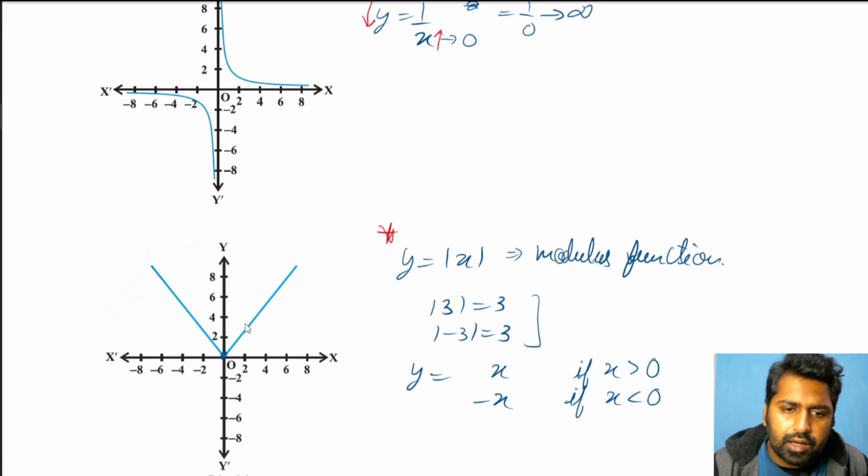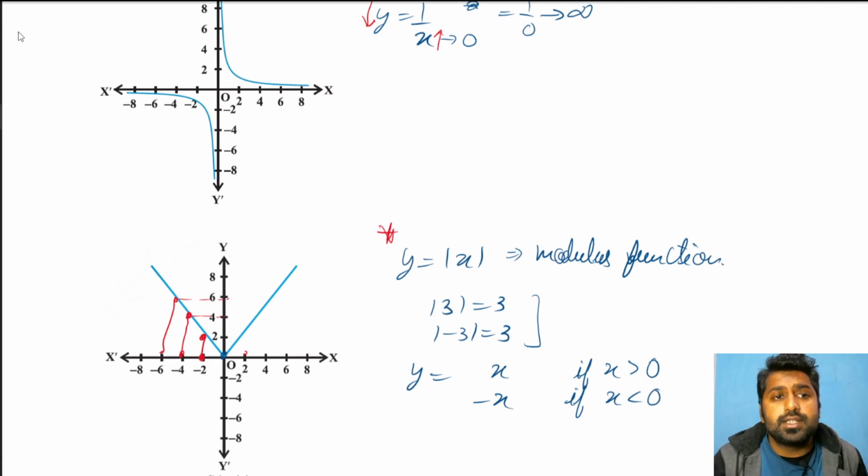Now if we plot the graph, it's a V-shaped curve. You can easily judge it. For 2, mod of 2 is 2, mod of 4 is 4, mod of 6 is 6. Like this, you can plot the points. But if you take minus 2, mod is also 2, minus 4 mod is also 4, minus 6 mod is also 6.